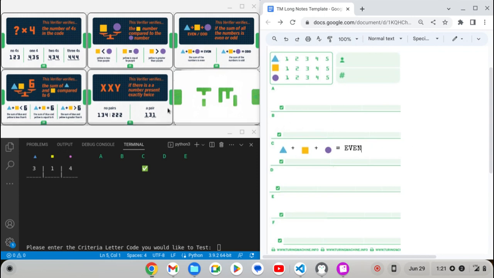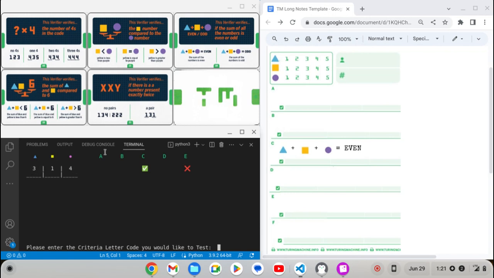Now I do notice that we do have this criteria card E that potentially could identify a pair, or they could be all distinct. And so let me go ahead and test criteria card E. Okay, so the Turing Machine does not approve of my proposal of 314.